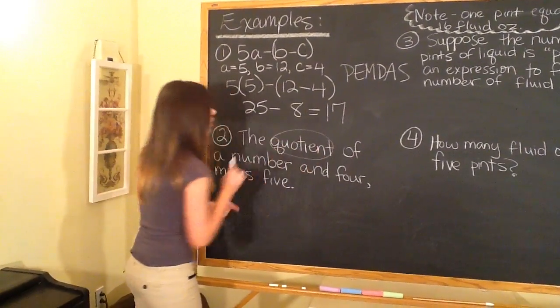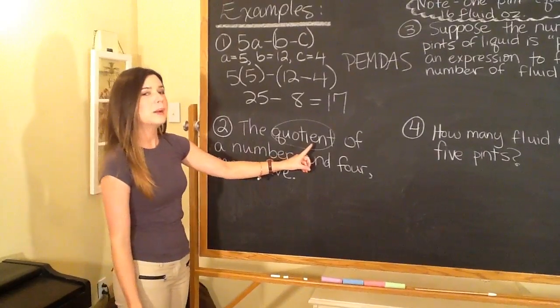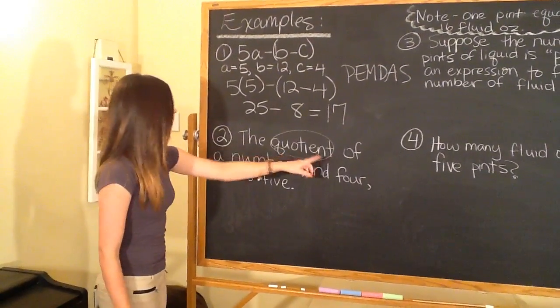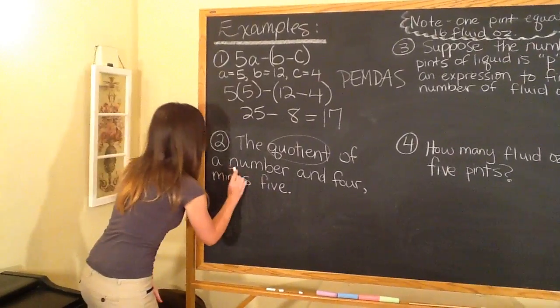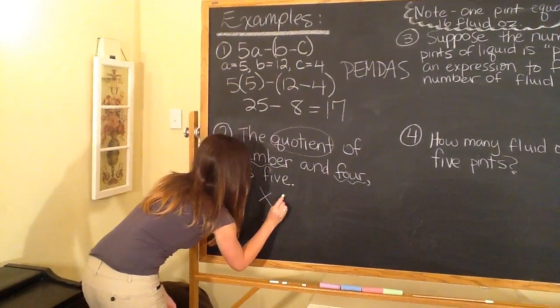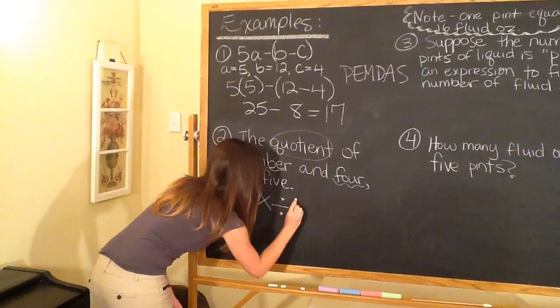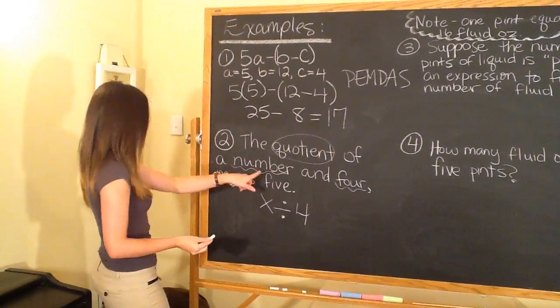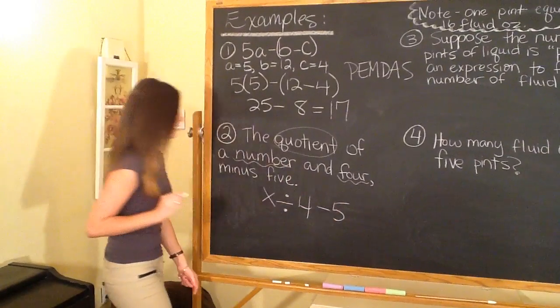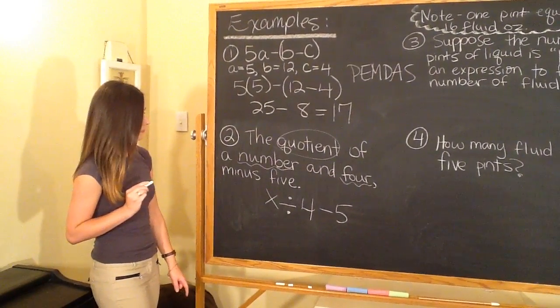Quotient, if you'll remember, is the answer to a division problem. So the quotient of what two numbers are we dividing? We're dividing a number and 4. So we have x divided by 4, and then it says minus 5. So that's our algebraic expression.